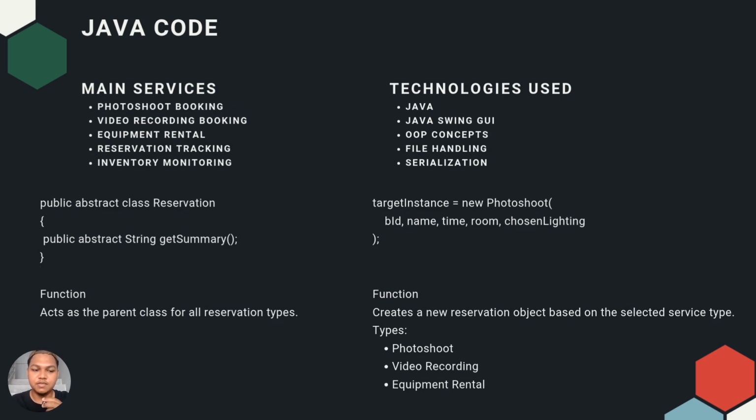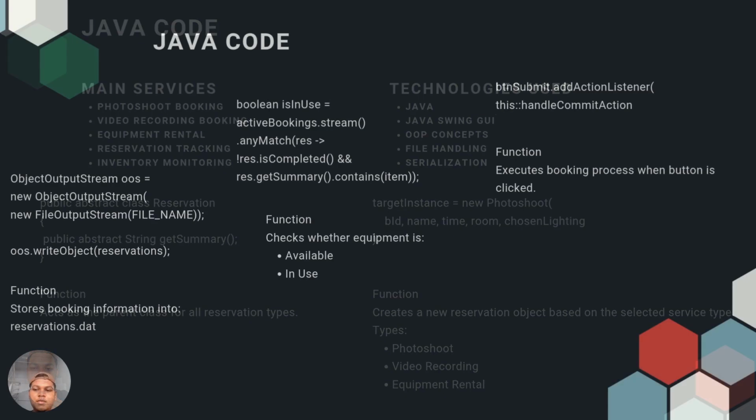Function coding number one acts as the parent class for all reservation types. Function number two creates a new reservation object based on the selected service type: photo booking, video recording, and equipment rental.